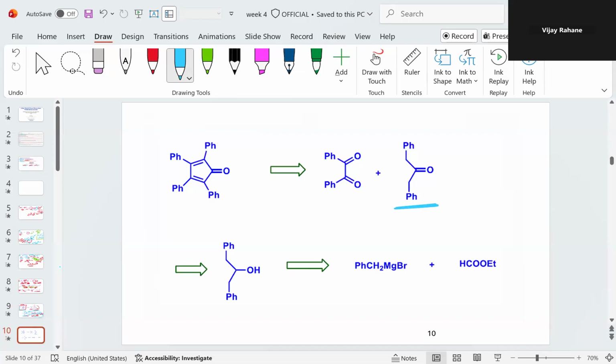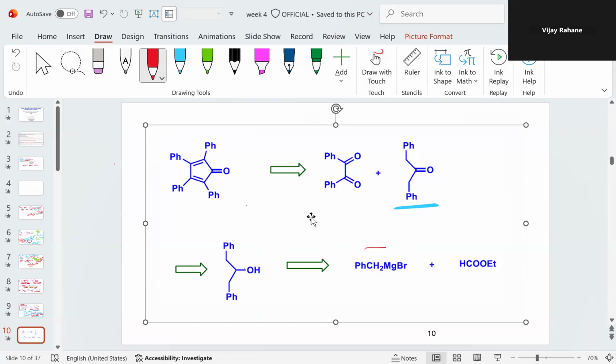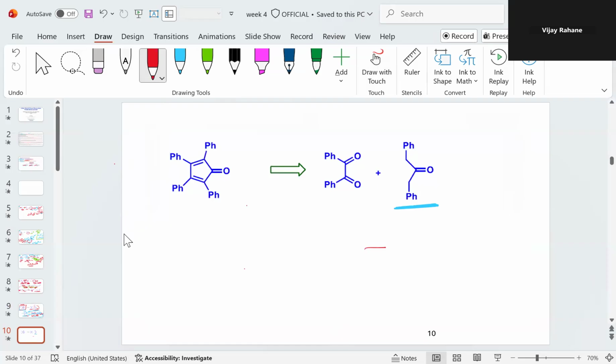We don't require this remaining part, so I will just remove that part. Now the question is how these two starting materials, this is one and this is two, react to form this target molecule. What will be the reaction reagent conditions?